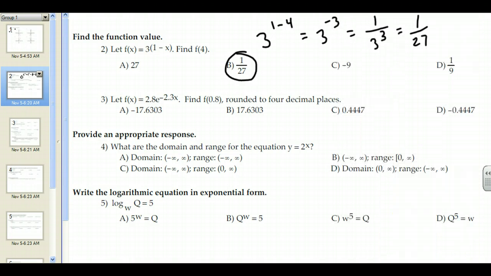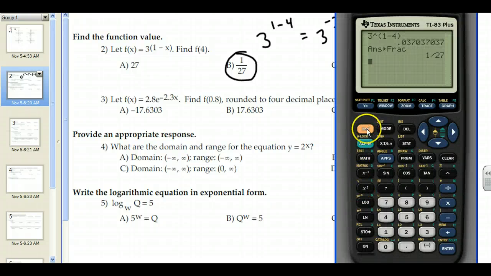We're going to do the exact same thing we just did, except this time we're going to get a decimal and round it. So plug in, this is 2.8. E to a power is the second key of the LN button.